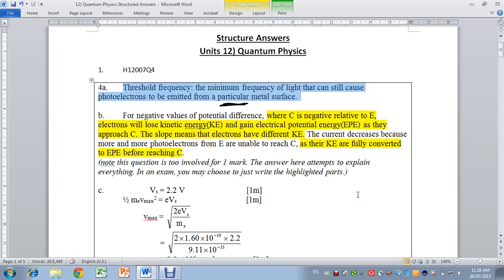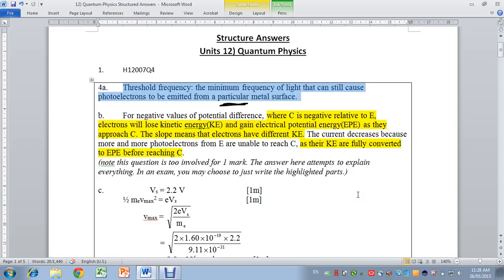For negative values of potential difference, where C is negative relative to E, electrons will lose kinetic energy and gain electrical potential energy as they approach C. The slope simply means that the electrons have a range of kinetic energy. The current decreases because more and more photoelectrons are unable to reach C as their KE is fully converted to EPE even before reaching C.